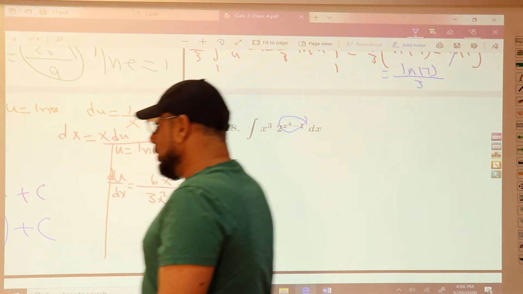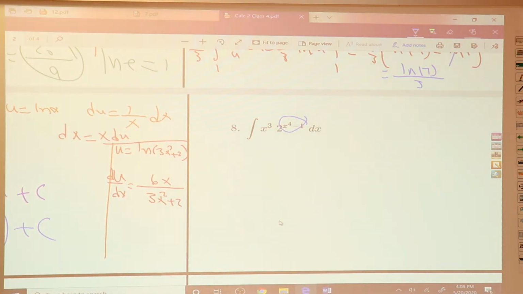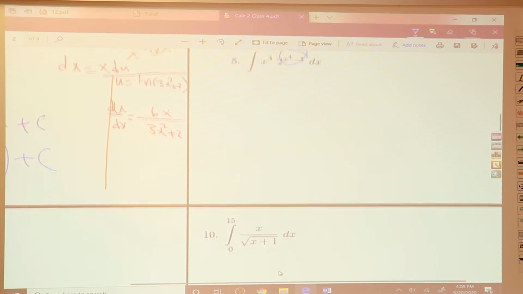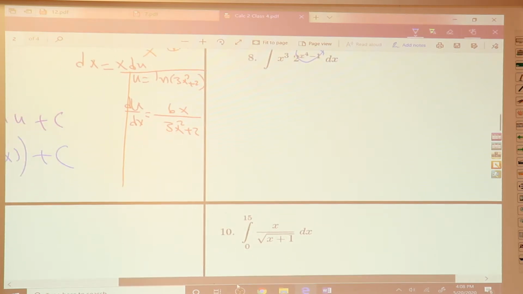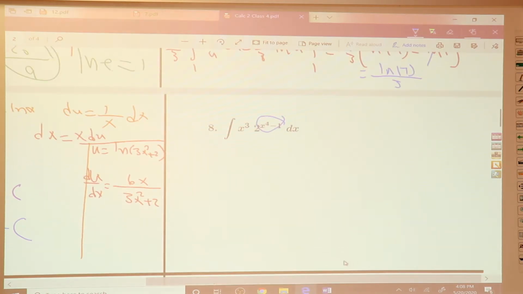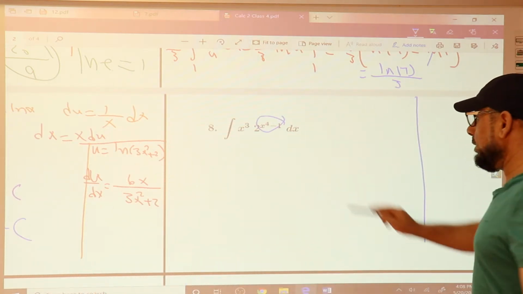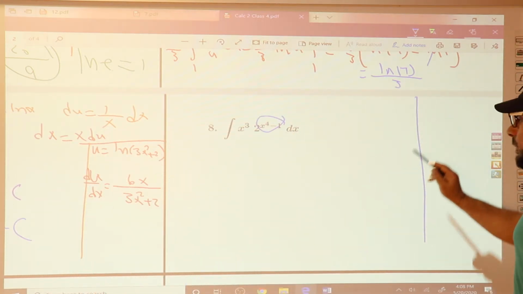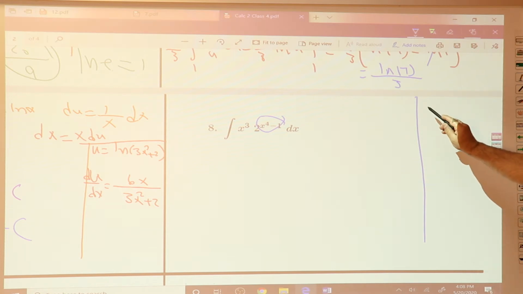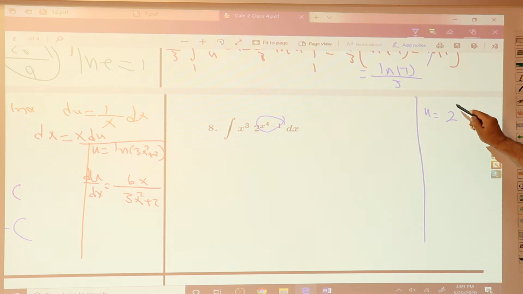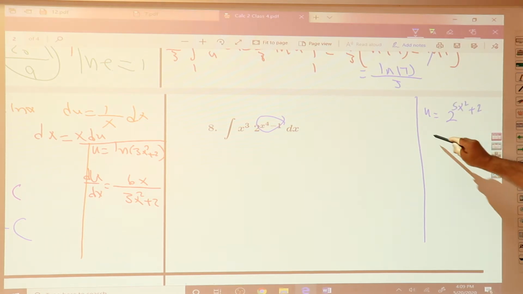You know me, I always like to add something new to my classes. Something you need to know about is when the base is not e. When the base is not e, u equal 2 to the 5x squared plus 2 du, as example.